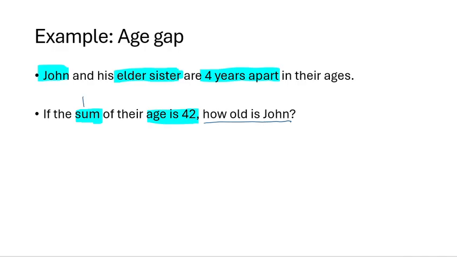You have the word sum, meaning plus, so you are adding both John's and his older sister's age. And you're given the fact that they're 4 years apart. For example, if I am turning 28 this year, then my older brother is currently 32 years old. If we add those two numbers together, 28 plus 32, I end up with 60 years old in total. So we're just going to apply that to this case, but you're going to do it algebraically.